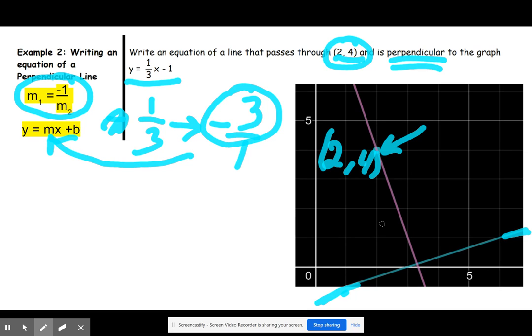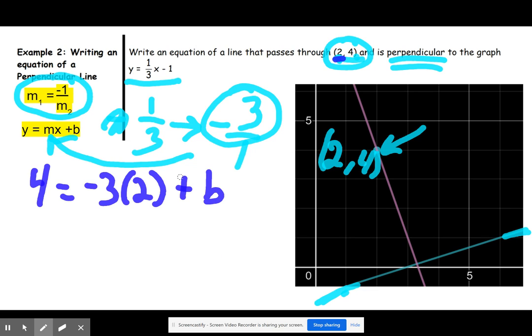So let's go ahead and plug in the rest of this, the 2 and the 4. So let me get a little darker here. So y is 4, is equal to -3 times my x value, which is 2. And then we're just, again, going to add the b and find out what b is. We end up with -6 plus b equals 4.